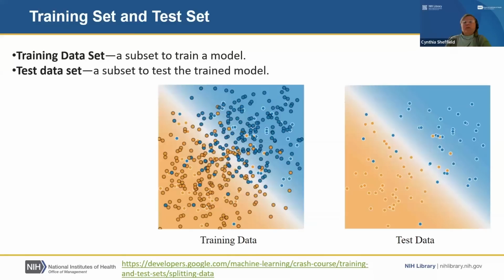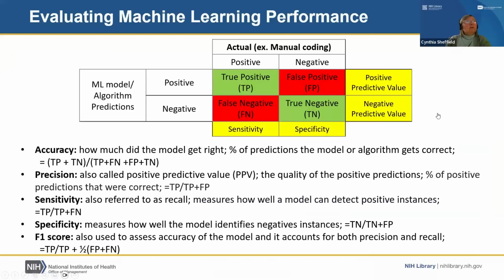So with that, many of you might be familiar with the concept, when you're training a test set, of recognizing the true positives and true negatives, as well as your false positives and your false negatives.